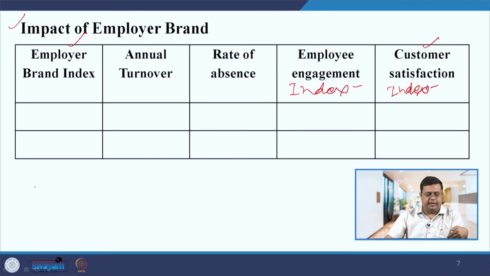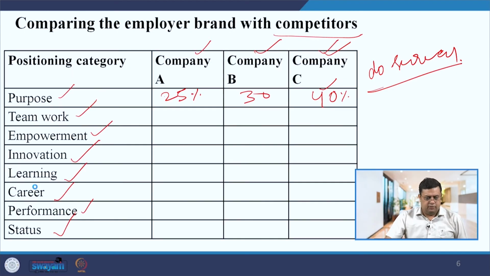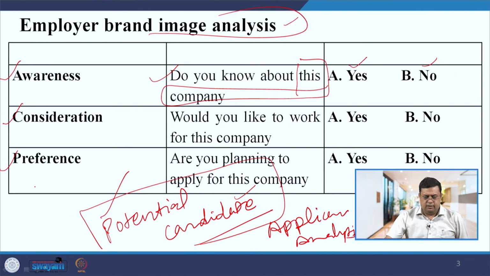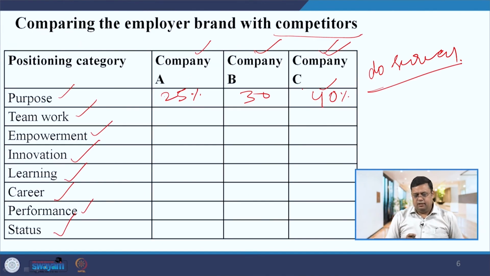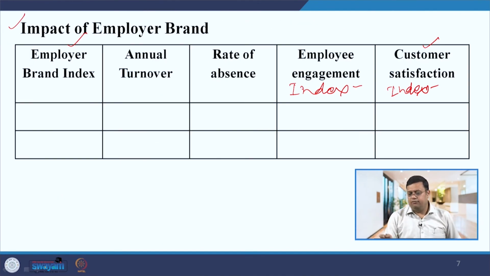Like in the previous slide I have shown for the employer brand, that is what you can see here, like do you know about this company. In a similar way for other indexes also, for the engagement index also, for the customer satisfaction index also, such kinds of questions are there, and then you will get one score, right? And then after that you can calculate the correlation, regression. These are the analyses that you can do here.